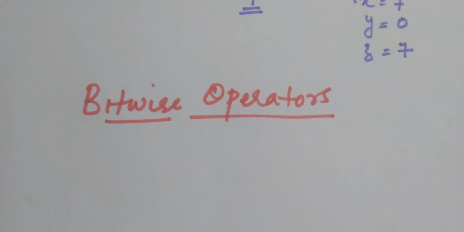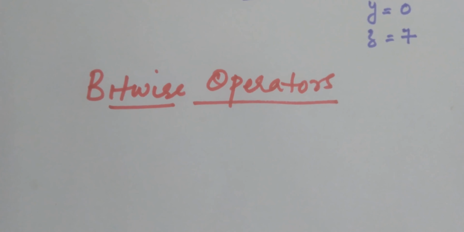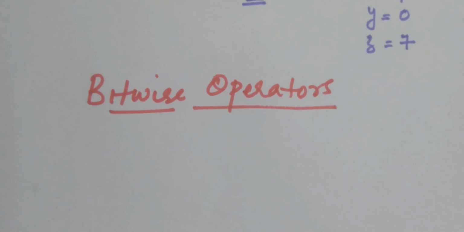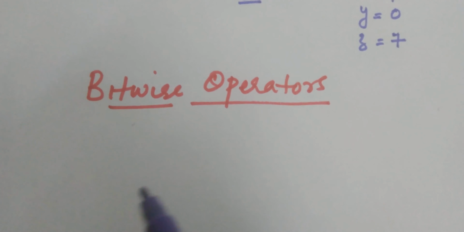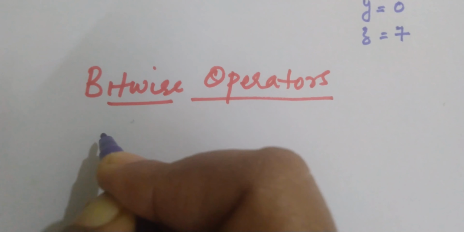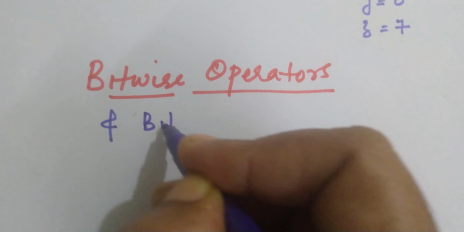Bitwise operators are nothing but operators which mainly deal with binary data. So these operators are mainly used when we are manipulating binary data. The different bitwise operators are bitwise AND, that is a single ampersand. This is known as bitwise AND.